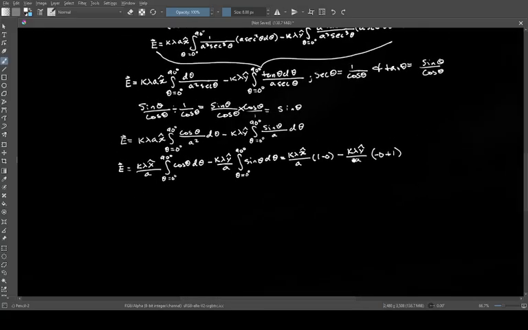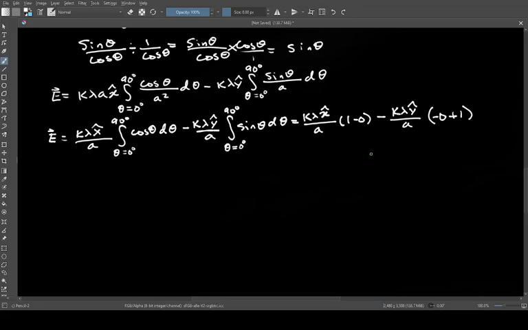Now that all simplifies to E is going to be equal to K lambda x hat all over A minus K lambda y hat all over A, which is going to be equal to K lambda over A times x hat minus y hat.